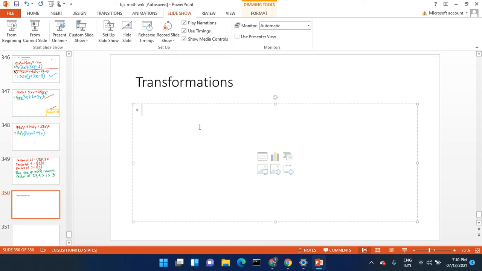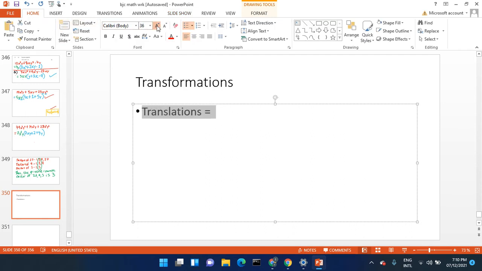Okay, so one transformation we have is reflection. No, we can't start off with reflection, that's a bad way to start. We usually start off with translation. Now, translation is just what? Anyone know what translations are?